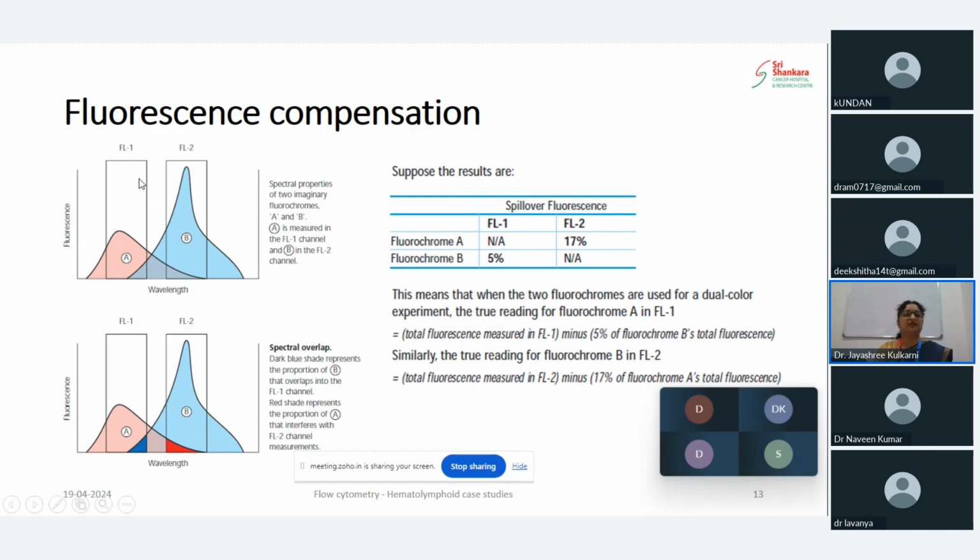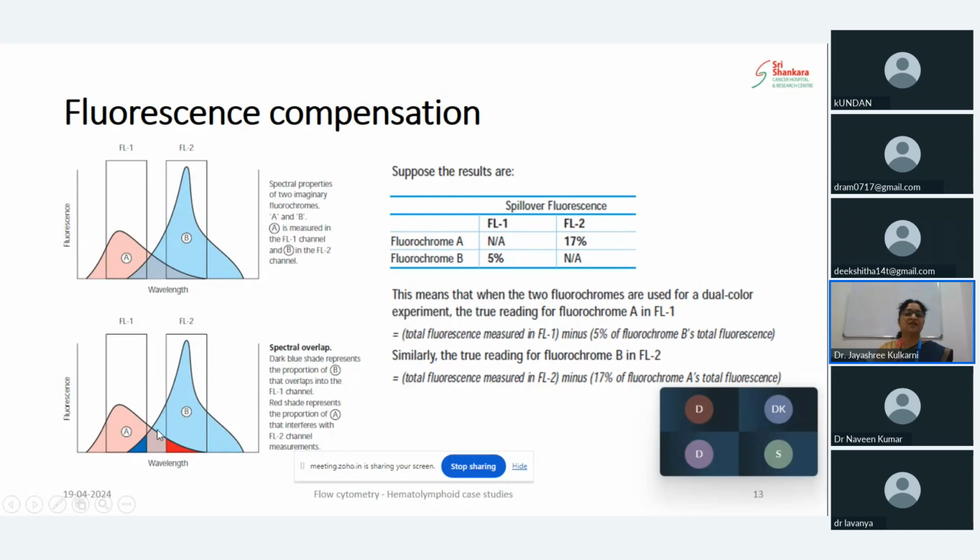So as I was telling you, these are various channels in which the various fluorochromes will show up. So FL1 is showing particle A, FL1 is showing particle B. But what if there is some overlap? As you can see in this, the curve is coming down here, but the excitation for channel 2 is beginning much earlier.